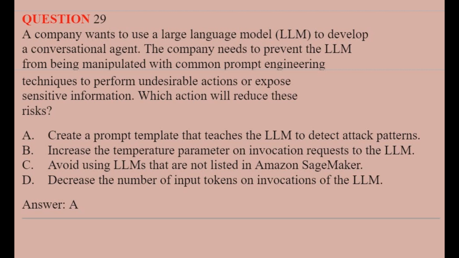Option A. Create a prompt template that teaches the LLM to detect attack patterns. Option B. Increase the temperature parameter on invocation requests to the LLM. Option C. Avoid using LLMs that are not listed in Amazon SageMaker. Option D. Decrease the number of input tokens on invocations of the LLM. Correct answer is option A.